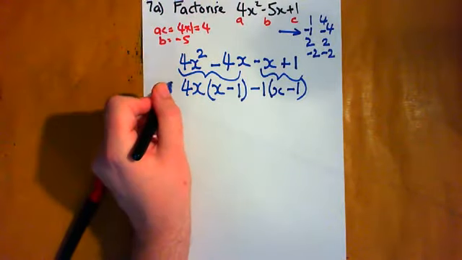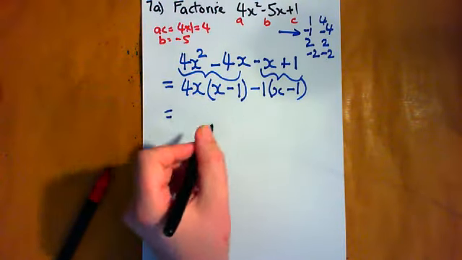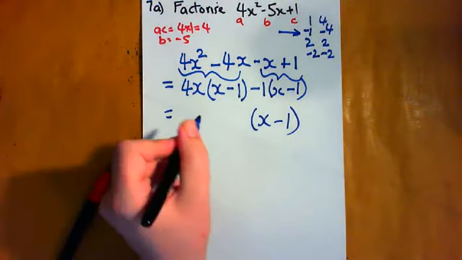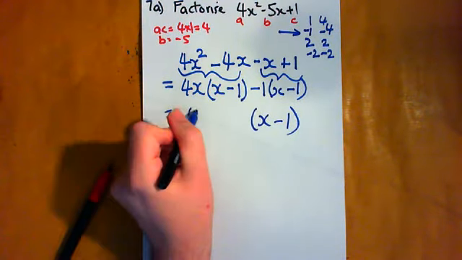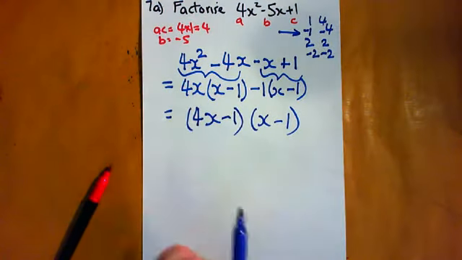So now we can treat this as two terms, each with a common factor of x minus 1. They both have a factor of x minus 1, and the other bracket is going to be 4x minus 1. So 4x squared minus 5x plus 1 equals 4x minus 1 times x minus 1. And we should check that by expansion, but I'll leave that for you.